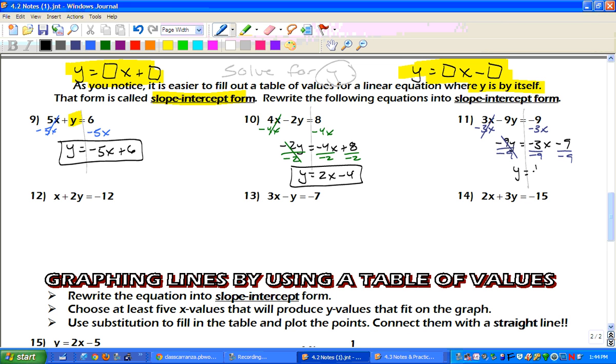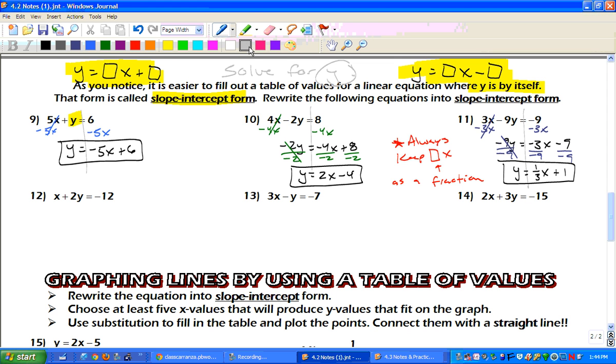Well, erase that, because you shouldn't use a decimal. We always want a fraction as our answer. So we're always going to keep the number in front of the x as a fraction.